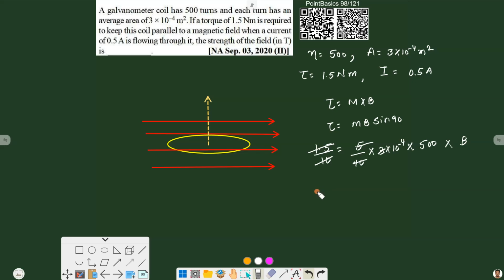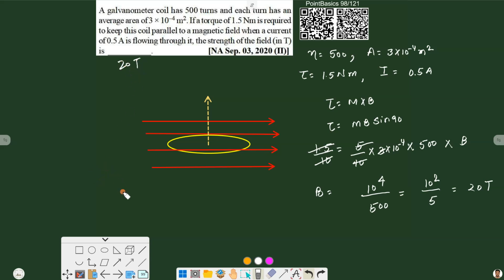We will have B equal to 10 raised to power 4 by 500 over 10 raised to power 2 by 5, that will be 20 Tesla. So here we will have 20 Tesla.